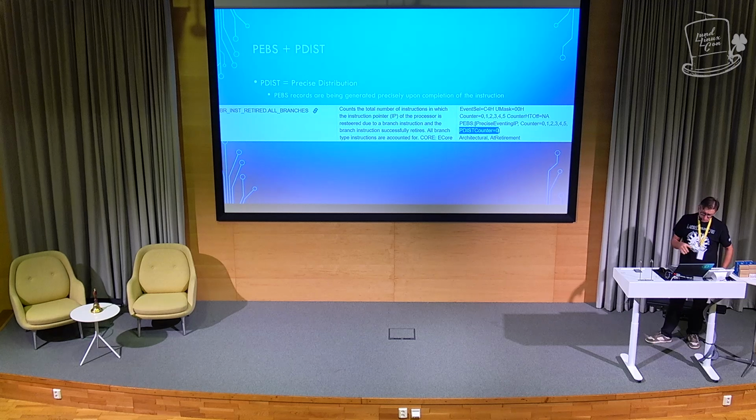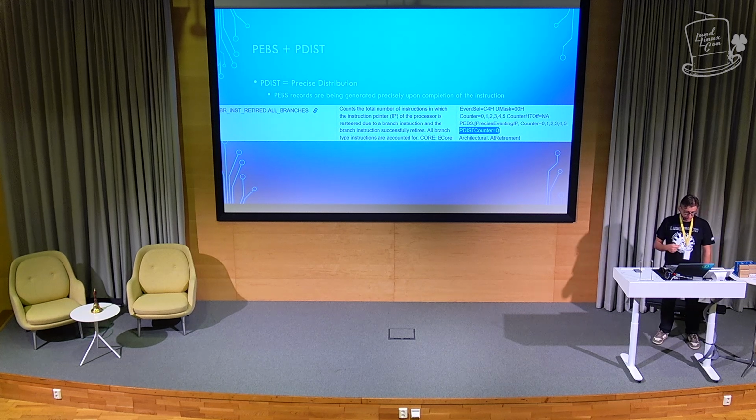When you configure some of these events, and given that they are PDIST enabled, you will be sure that when the event is encountered, it is exactly when the instruction was retired. There will be no skid in when the hardware reports the event as being incremented.